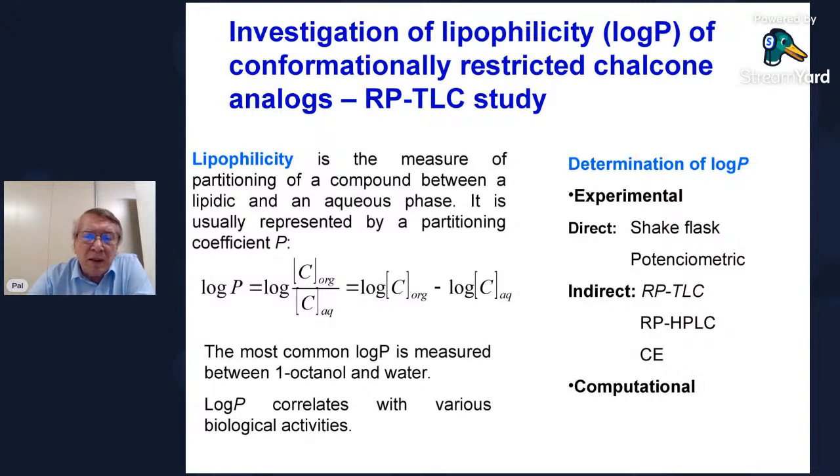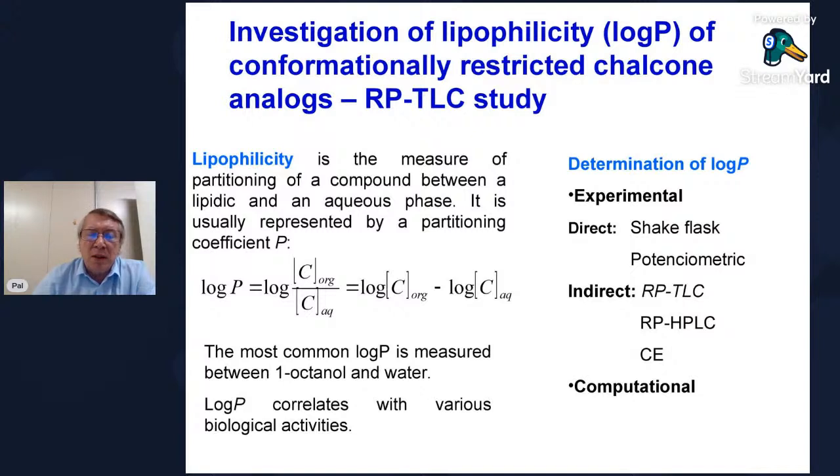The shake flask method is very precise, however, it needs extremely pure compounds, sometimes takes time, and needs very developed sensitive analytical methods, in particular in those cases when the log P values are very, very high.